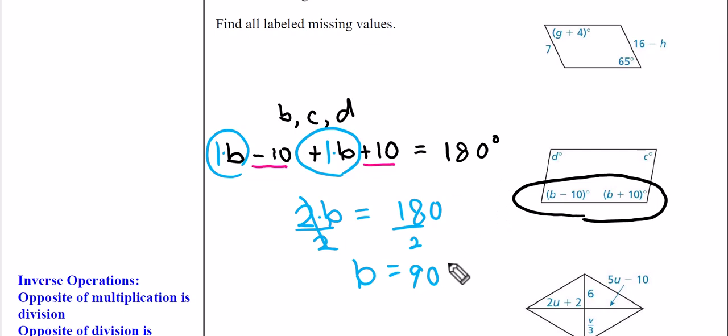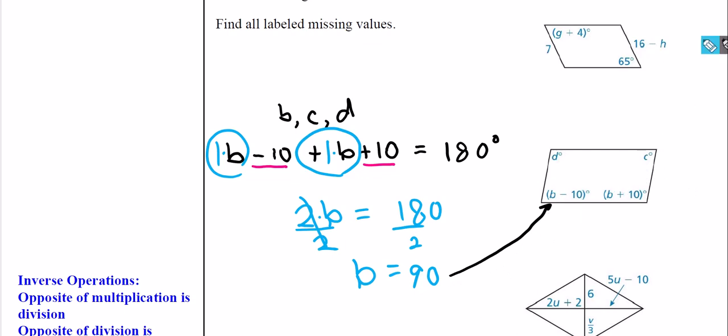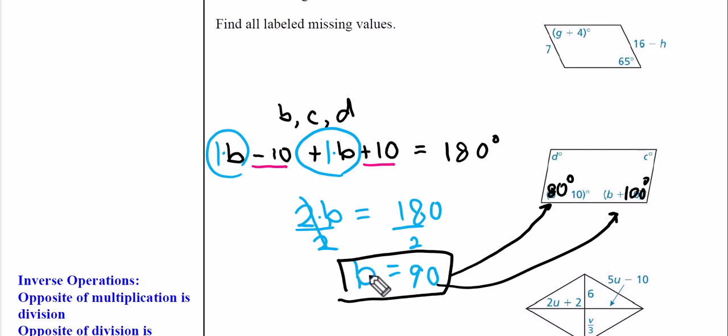Because if I were to take this 90 and plug it in here, 90 minus 10, this is 80 degrees. And if I plug in 90 in here, what's 90 plus 10? This is 100 degrees. So yes, the value of B is 90, but these are 80 degrees and 100 degrees.